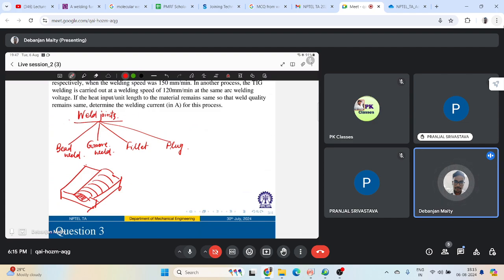Basically this is happening on a flat surface, so it does not require any edge preparation, right? Here the penetration depth is limited for the melting, and bead welds are used for joining primarily thin sheets.